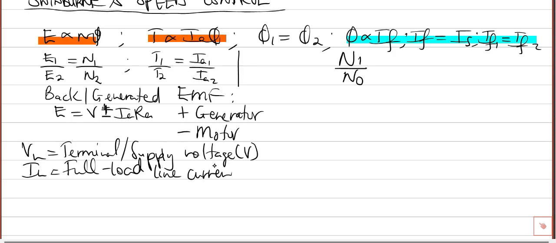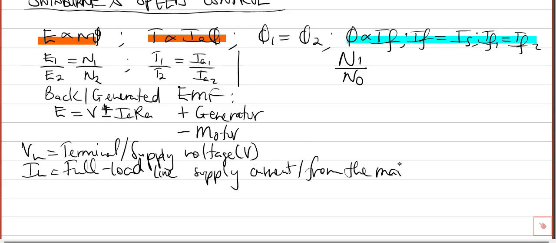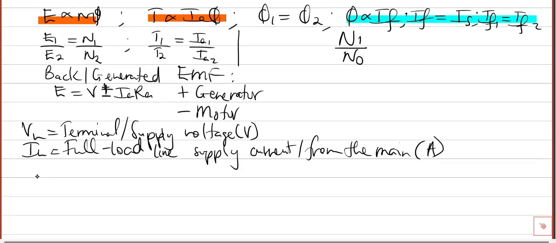In fact, line supply or current from the supply. They could use so much terminology, even from the mains being the supply voltage side.